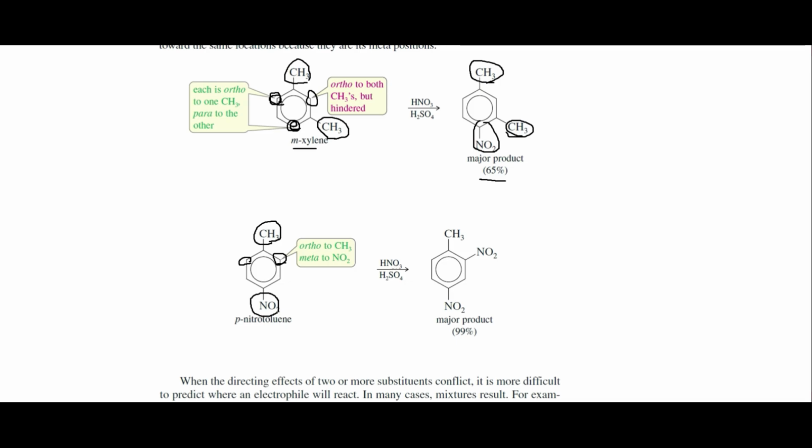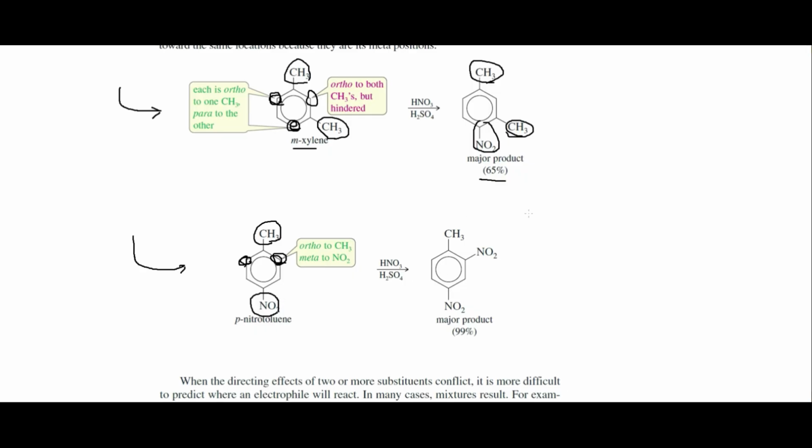And so adding onto one of those carbons is going to be the major product. In those cases, it's easy to predict because both the directors are guiding towards the same positions, and when we have an ortho-para director and a meta director working together, with carbons that are ortho to the ortho-para director but also meta to the meta director, everything is working together.